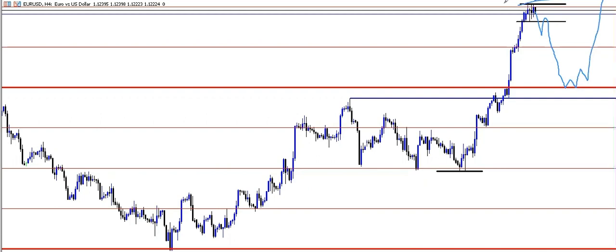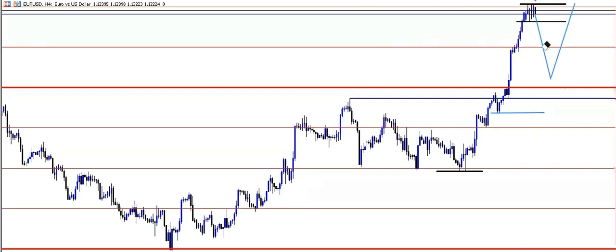But if we want to continue the bullish movement on H4, this is the last previous higher low. So it's good if we see a very clean retracement, then we continue buying up.